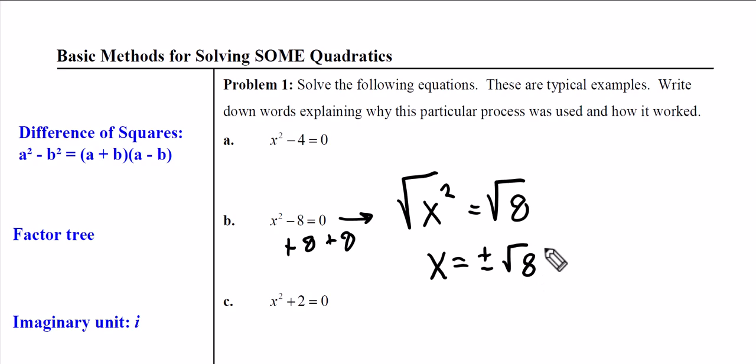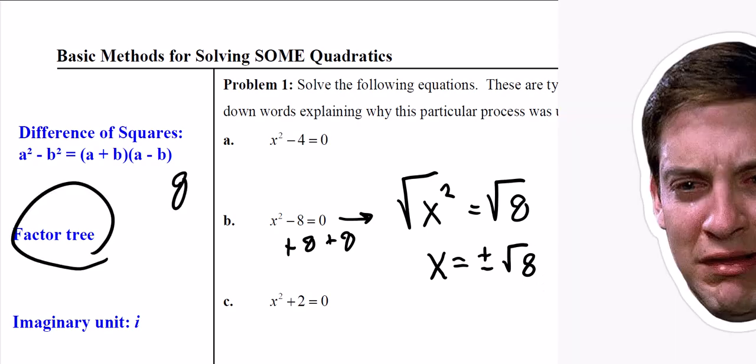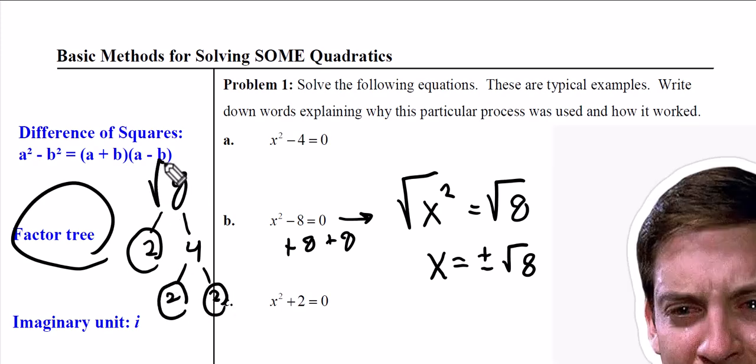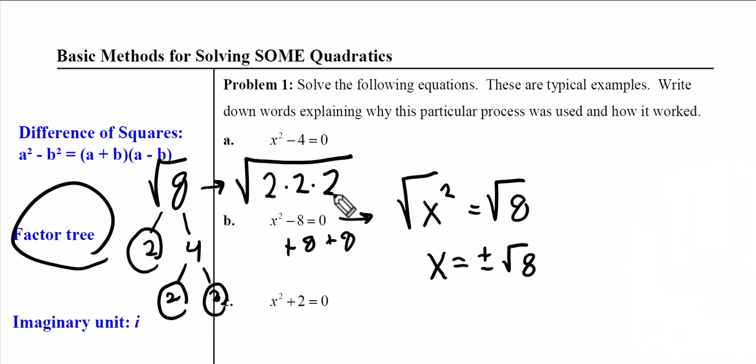However, this is not done. If you will recall when we did complex numbers doing a factor tree, right? 2 and 4, and I circle the prime numbers, and then 2 and 2, and I circle these prime numbers. And 8, or I should say square root of 8, can be expressed as 2 times 2 times 2. And when we square root, we're looking for pairs that come out. So here's a pair that comes out, and it comes out as a 2.